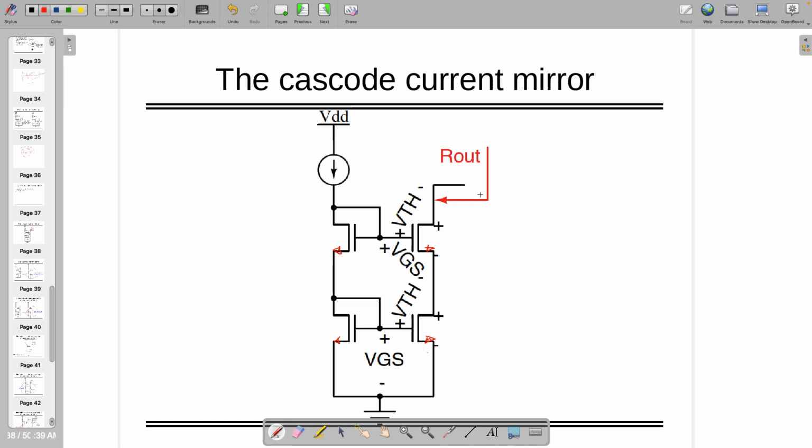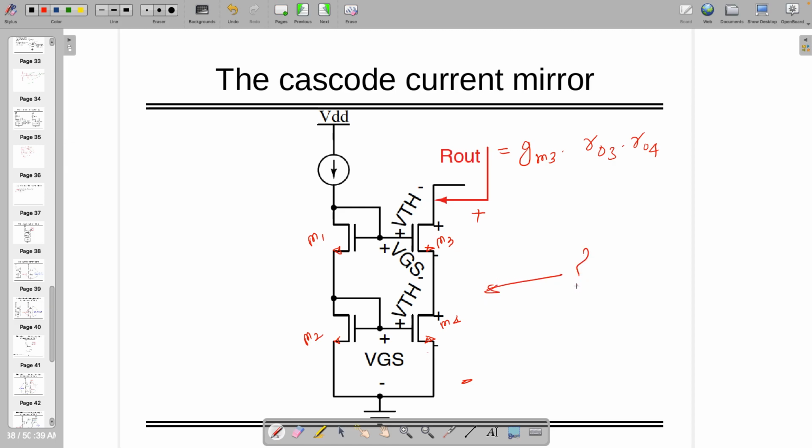So if this is M1, M2, and this is M3 and M4, what is R out? It is ro4 into gm times ro, right? Very simple.